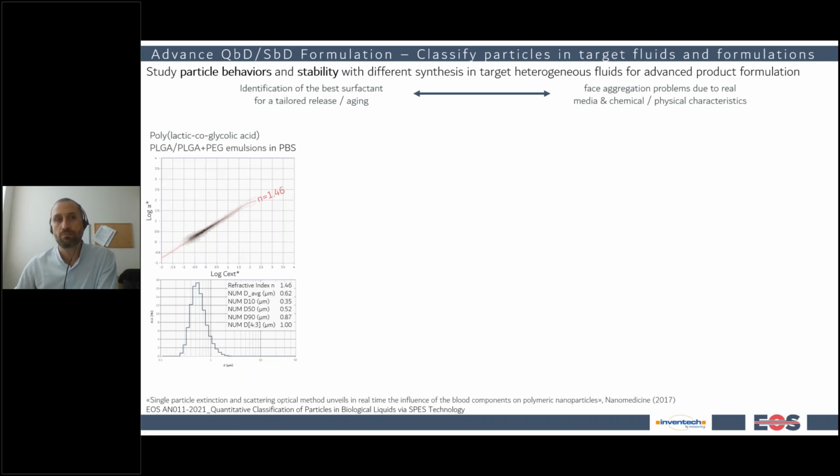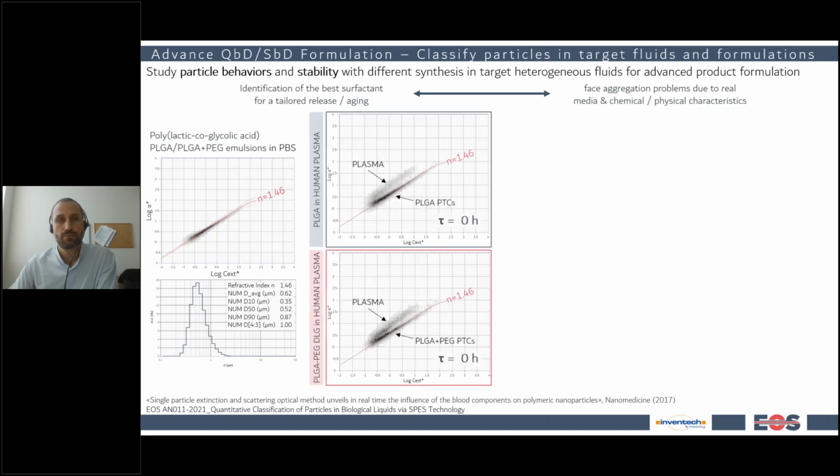So we incubate the particles in human plasma and we can measure the characteristics of the particles. This is at 0 time, 0 hour. As you can see, if we take an aliquot of the incubation of particles in human plasma, we dilute it and measure it, we are able to appreciate the presence of two populations.